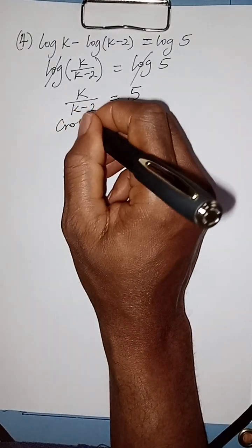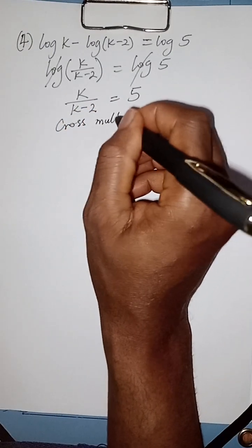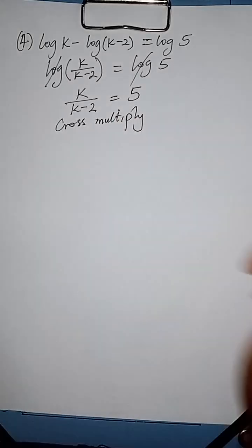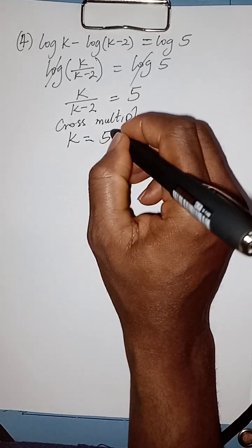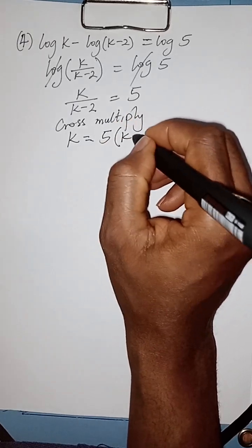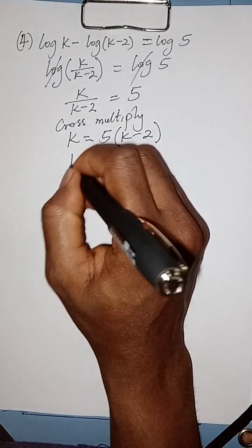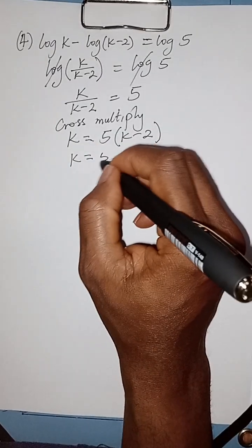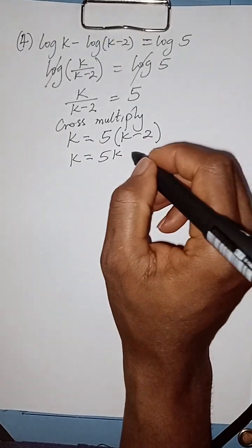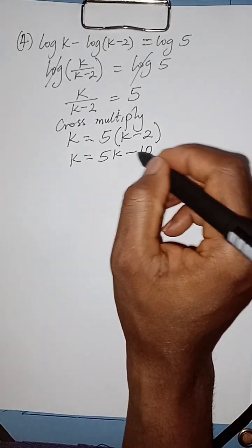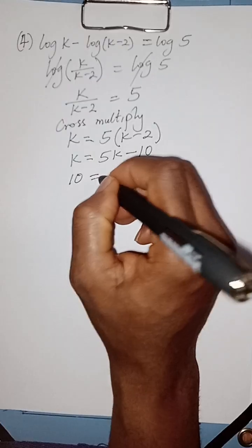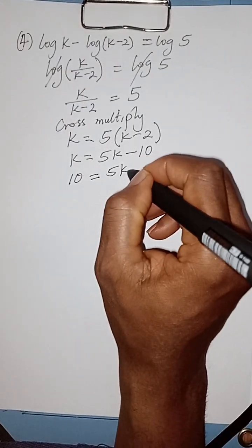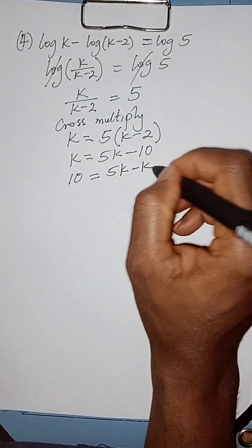Of course, when you have a fraction like this, always remember you cross multiply. So this k will be equal to 5 multiplied by (k minus 2). K will be 5 times k, 5k, 5 times minus 2, minus 10. And so minus 10 moves to your left-hand side and becomes plus 10, and k moves to your right-hand side and becomes minus k.